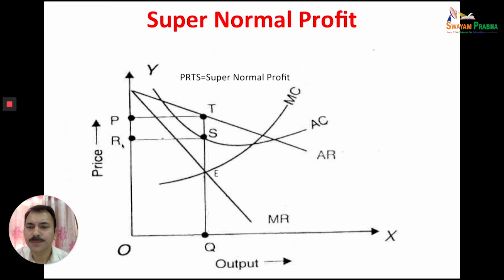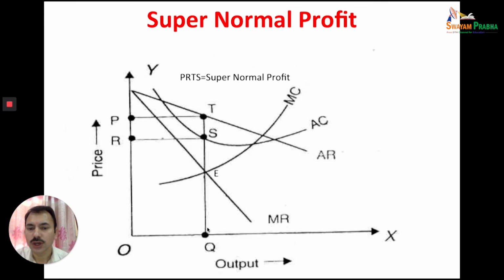On the y-axis we have prices and on the x-axis we have output, quantity demanded. In case of supernormal profit, average revenue should be more than average cost. You can see from this diagram.